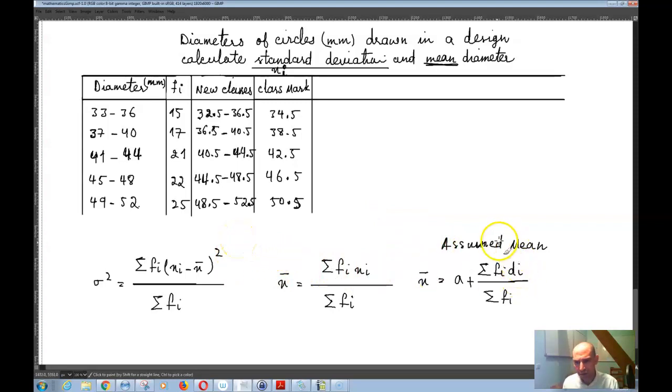If you take this idea a little bit further, you would end up with x bar equal to a plus sigma f of i u of i divided by sigma f of i, times h. And this is called the step deviation method.